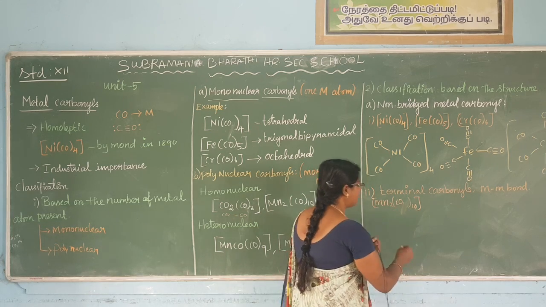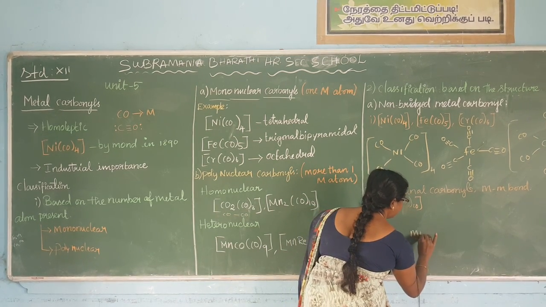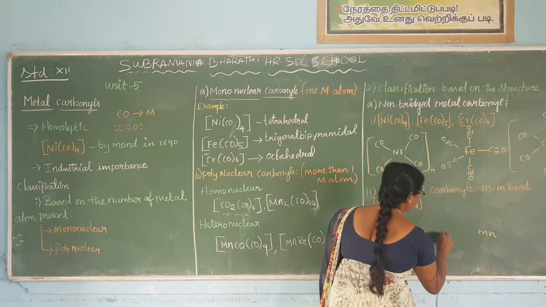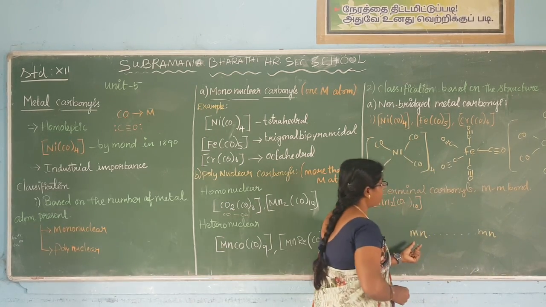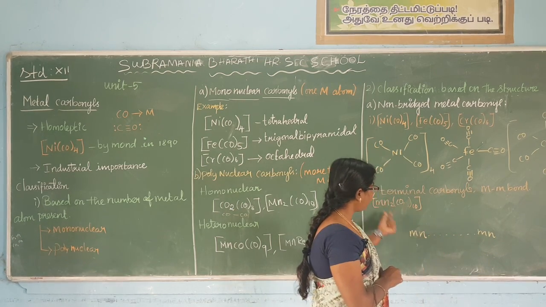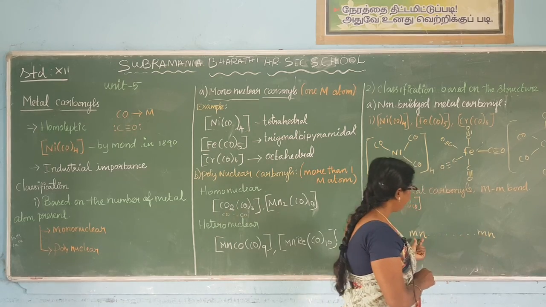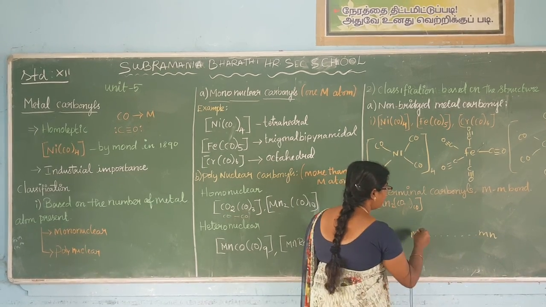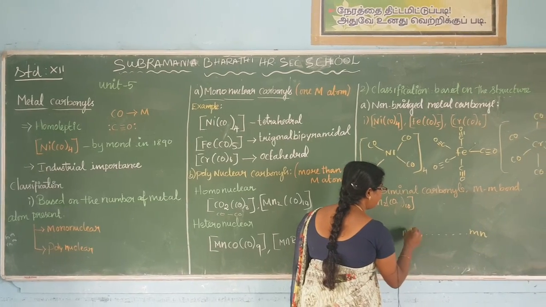The example they have given is dimanganese decacarbonyl. Let me draw the structure here. There should be a metal bond between these two manganese atoms, dimanganese, in the sense I have written the manganese here, then the remaining carbonyl groups I have to write.